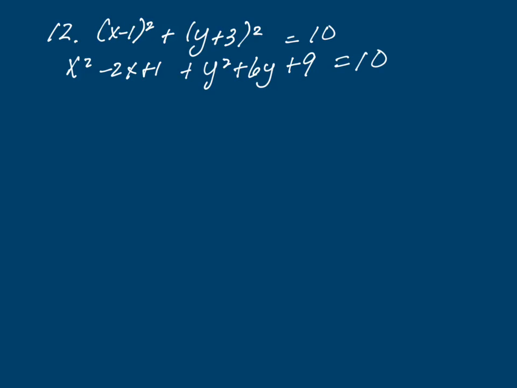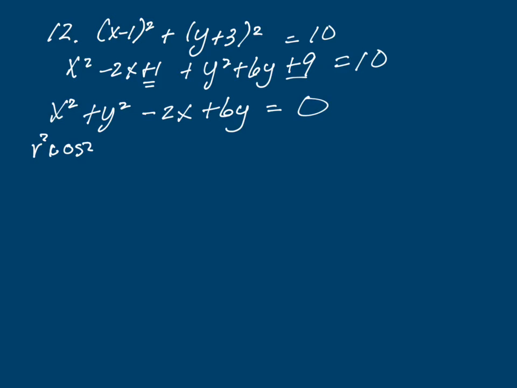All right, so we have x squared plus y squared, and then minus 2x plus 6y, and let's put these guys over on the other side. I have a plus 10 and plus 10, so that's equal to 0. Now r sine theta, r cosine theta. So r squared cosine squared theta plus r squared sine squared theta minus 2r cosine theta plus 6r sine theta equals 0.